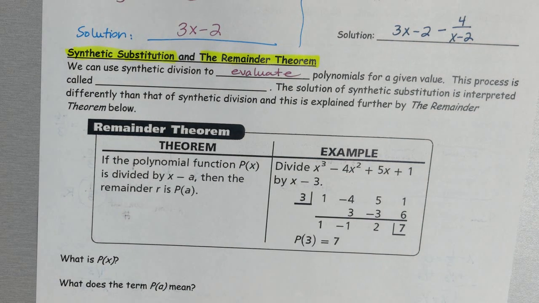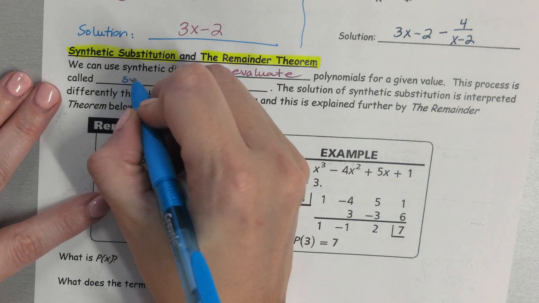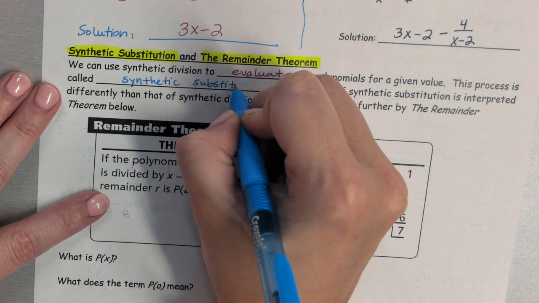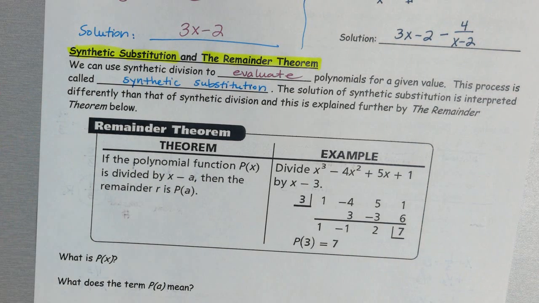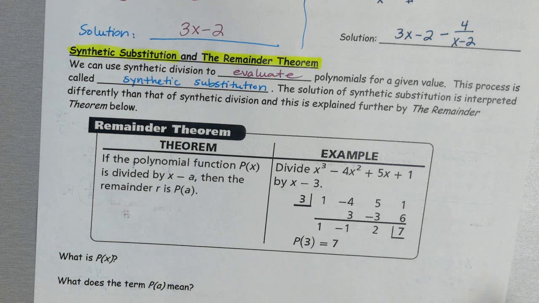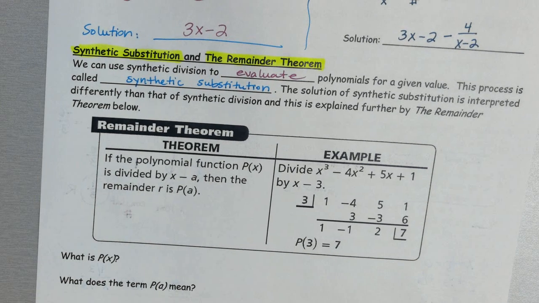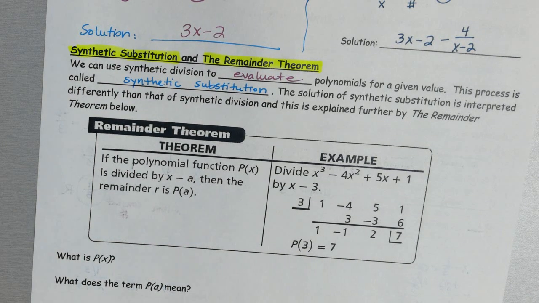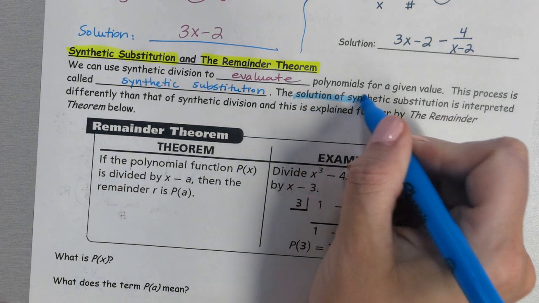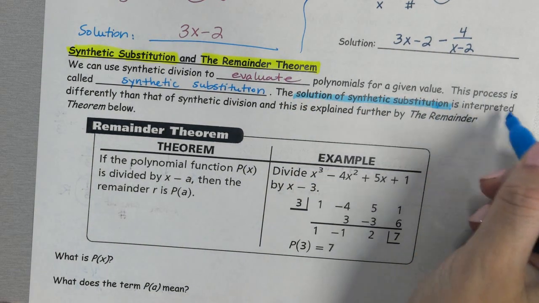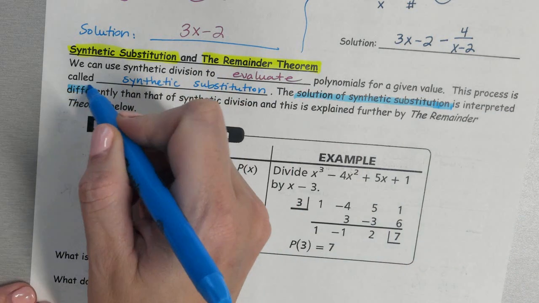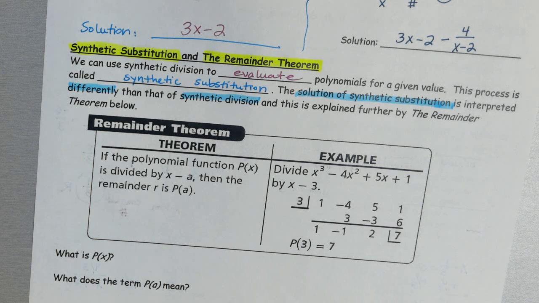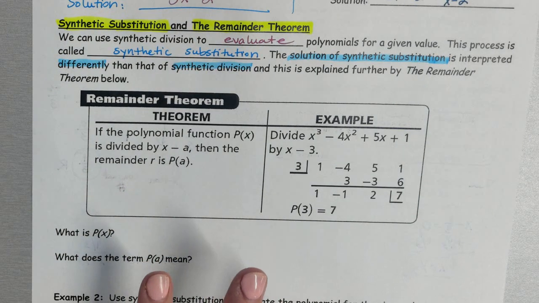And this process is called synthetic substitution. So not synthetic division, but synthetic substitution. One thing we want to make sure that we understand is that the solution of synthetic substitution is interpreted differently than that of synthetic division. Okay, and we can explain this using the remainder theorem below.